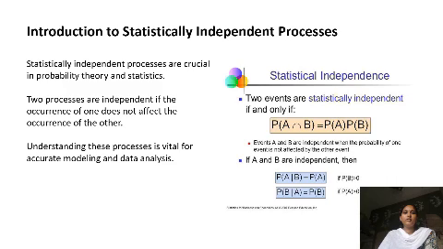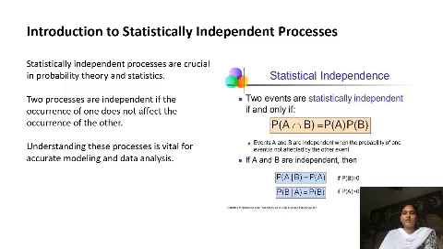First of all, we discuss the introduction to statistically independent processes. Statistically independent processes are crucial in probability theory and statistics. Two processes are independent if the occurrence of one does not affect the occurrence of the other.